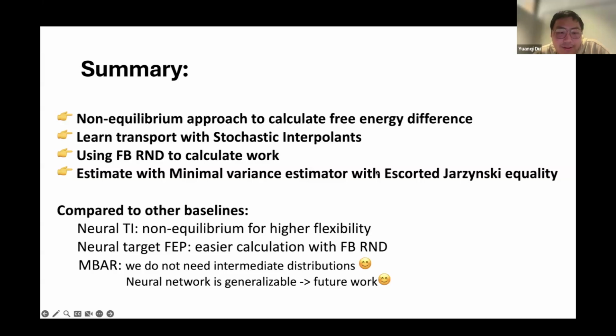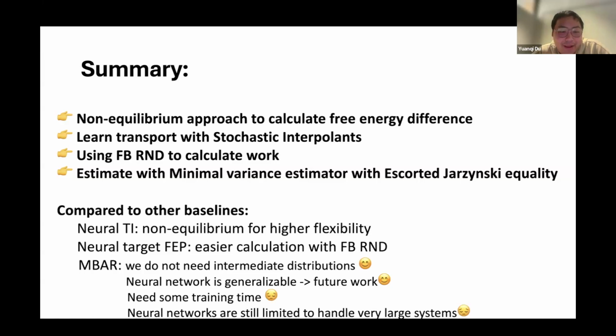With MBAR, we don't have intermediate distributions, and hopefully the neural network is generalizable, but it induces cost when training neural networks. For larger systems, with solvent and alchemy, we haven't done it really, but we're testing on some of this.